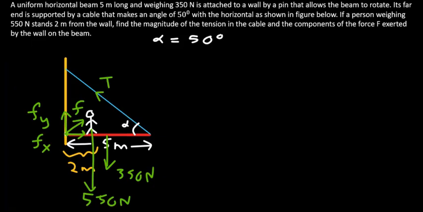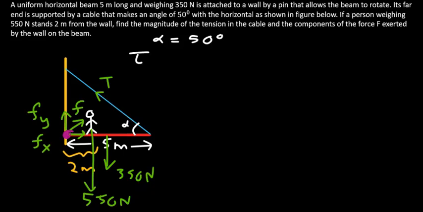In order to determine the magnitude of tension, let's use condition 2 of equilibrium. Let's determine the net torque on this beam about that point, the point where the force F acts. So it's an axis passing through that particular point.